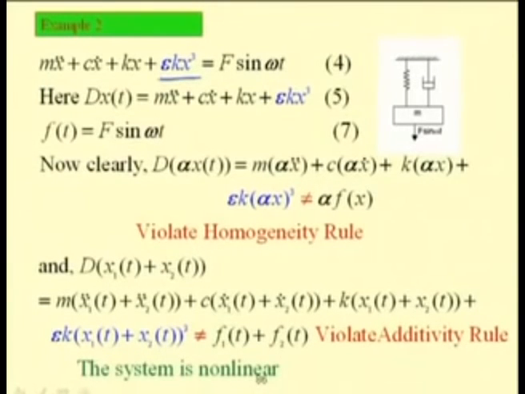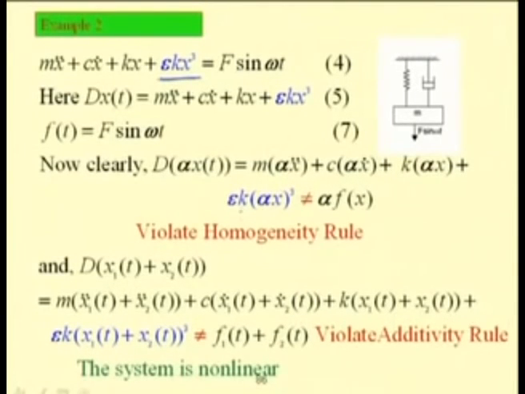Let us see whether the homogeneity and additive rules are violated or not. To check the homogeneity rule, let us replace x(t) by alpha x(t). When we replace x(t) by alpha x(t), we get this expression: m alpha x double dot plus c alpha x dot plus k alpha x plus epsilon k alpha x cube.